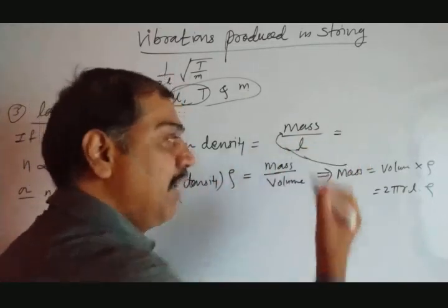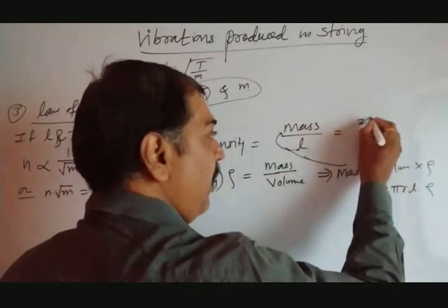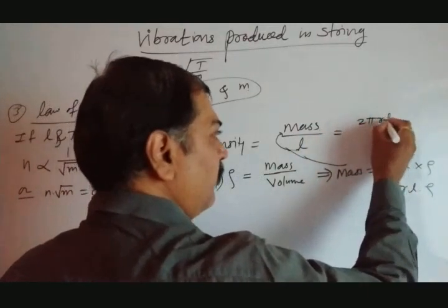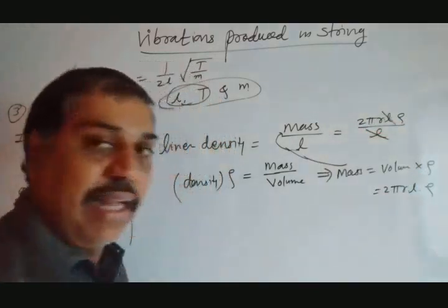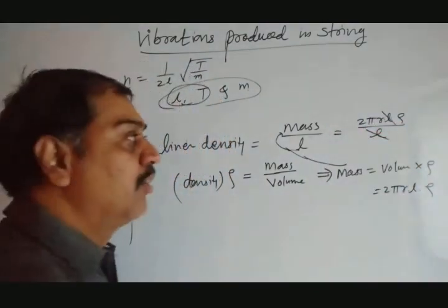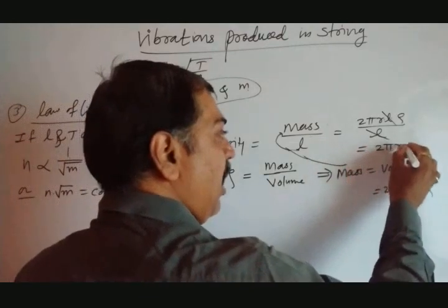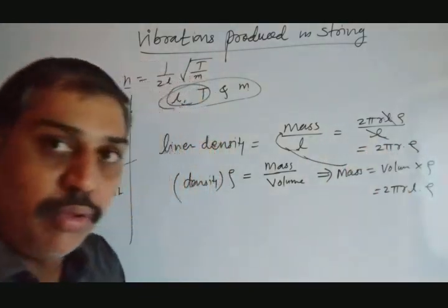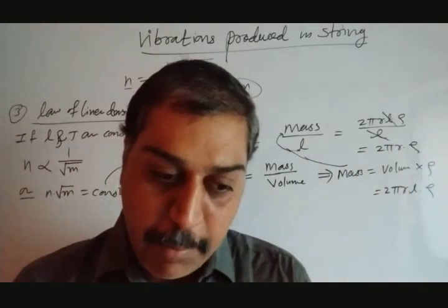You can write density as 2 pi RL into rho divided by L. L gets cancelled out, so we get only 2 pi R into rho.